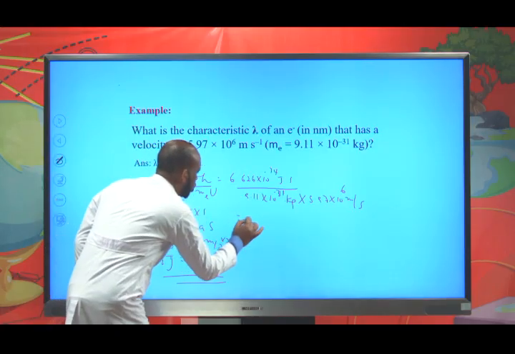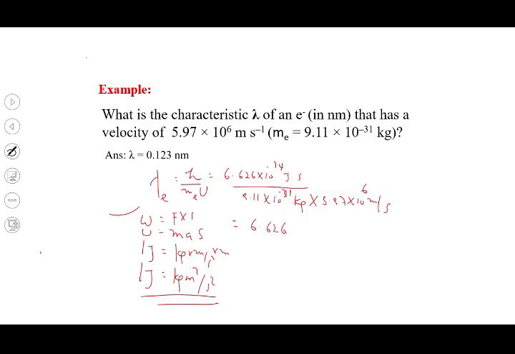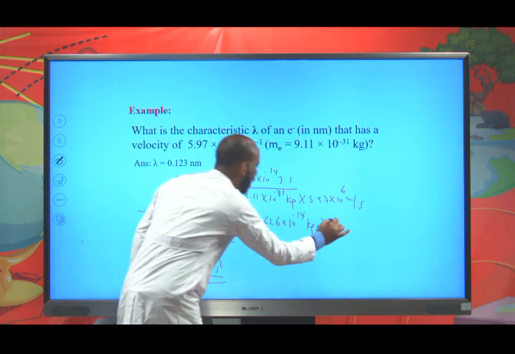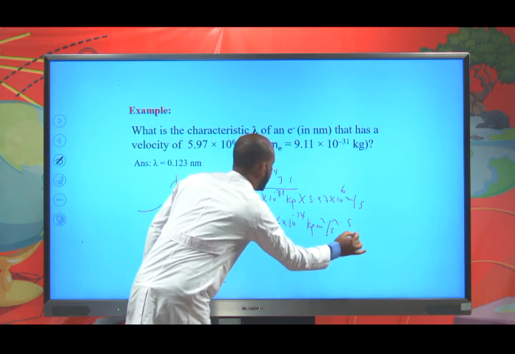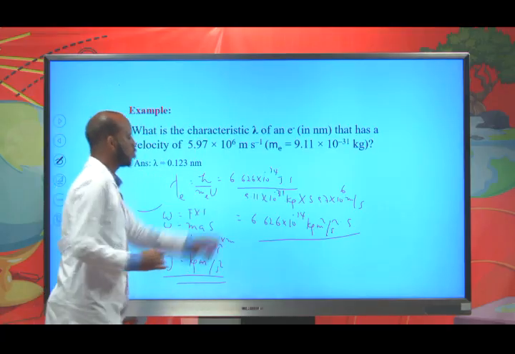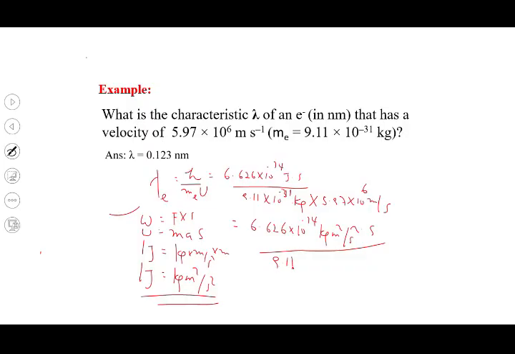Now, 6.626 times 10 to the power of minus 34 joule second is the same as kilogram meter squared per second squared times second, divided by 9.11 times 10 to the power of minus 31 kilogram times velocity of the electron, 5.97 times 10 to the power of 6 meter per second.